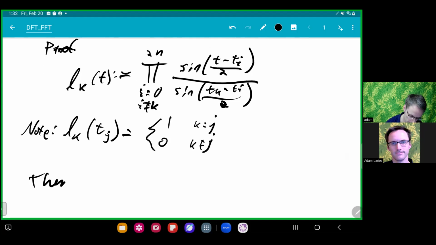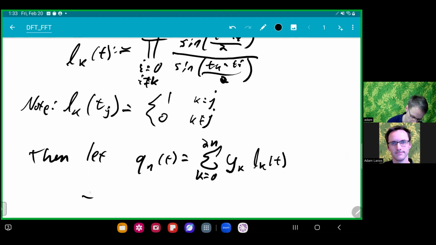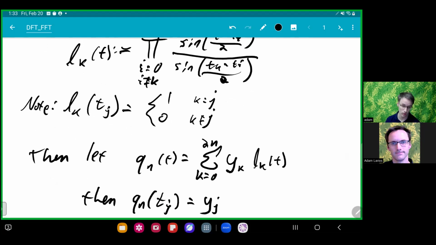So then let qn of t be a summation, and we just multiply by the points that we want, k goes from 0 up to 2n, of yk times Lk of t. Then by the above property, qn at tj gives us exactly just our yj point back.